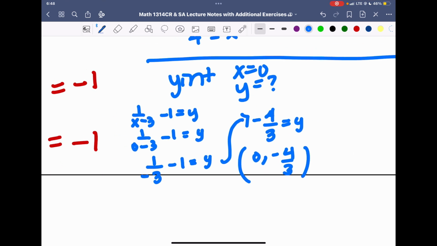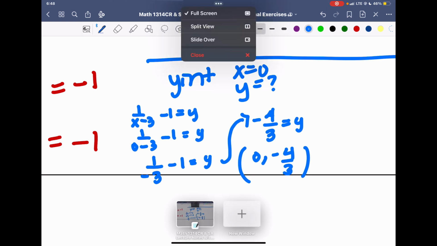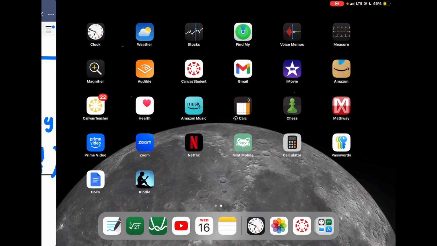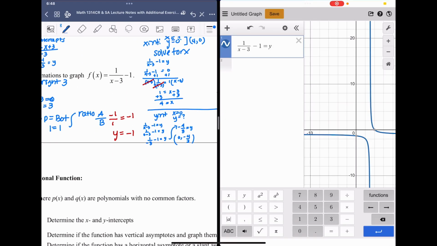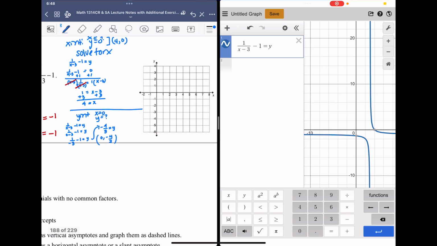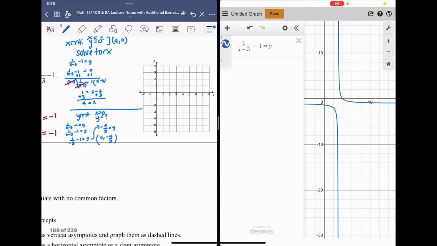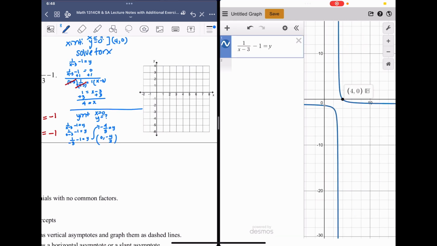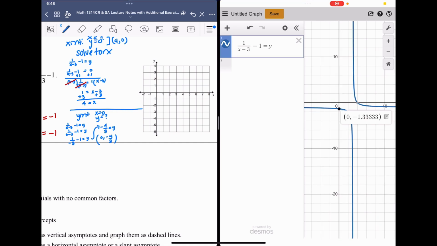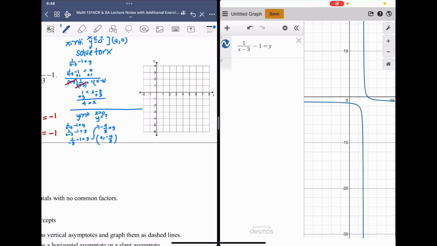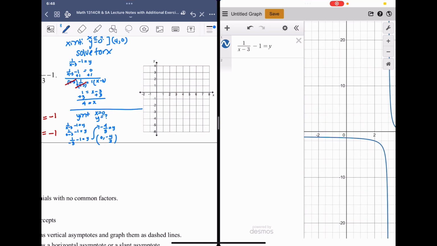Let's make sure. So let's graph this on Desmos. When I look at that, 4, 0, there you go, negative 1.33. That's exactly what it is. And then let's zoom in.